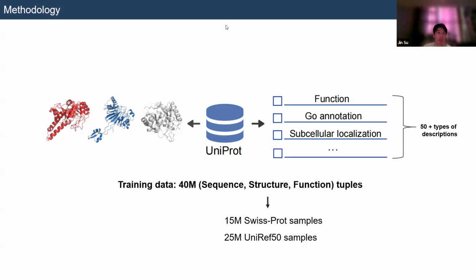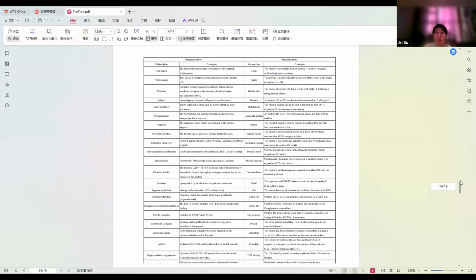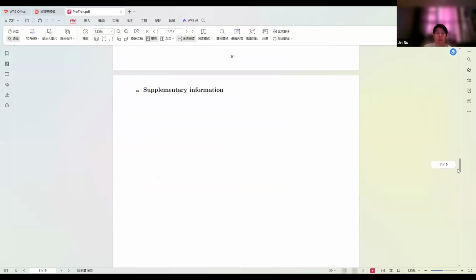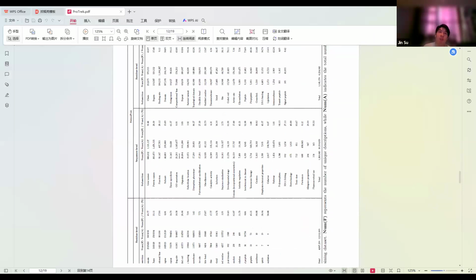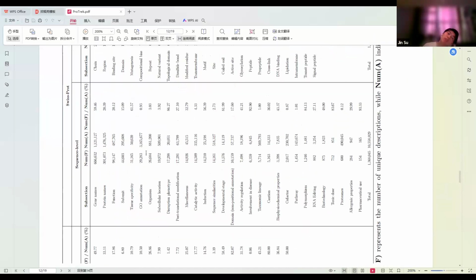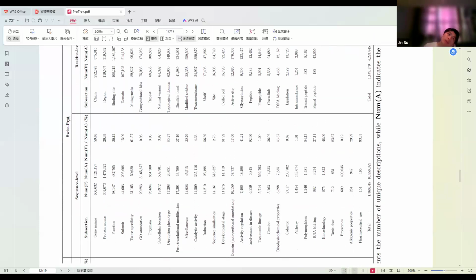This table might be hard to see. This is the data information in Swissport.